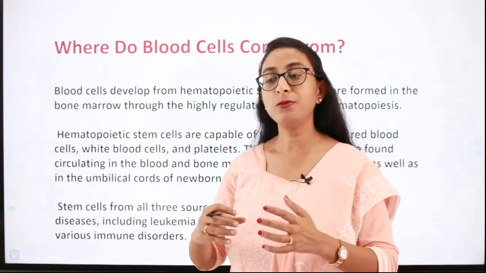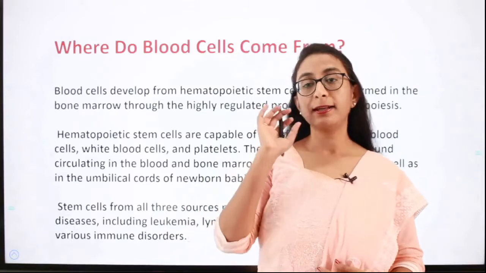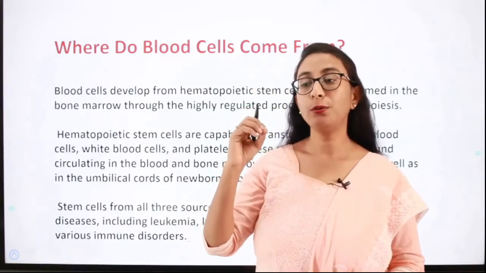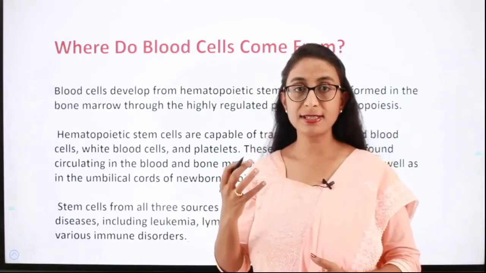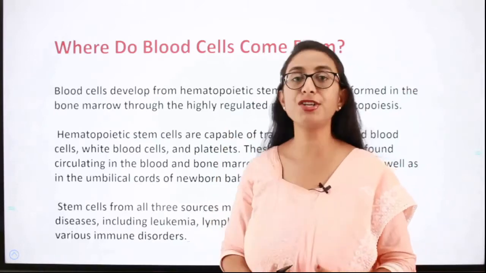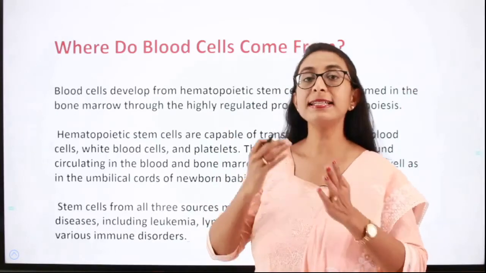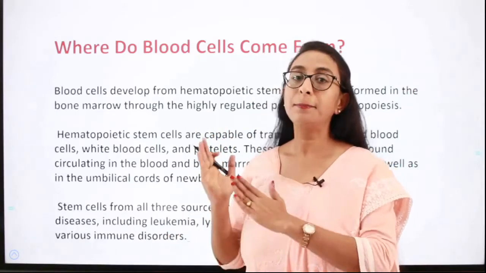So did you understand where blood cells come from? Inside the bone marrow, we have hematopoietic stem cells which undergo differentiation to produce RBC, WBC, and platelets.